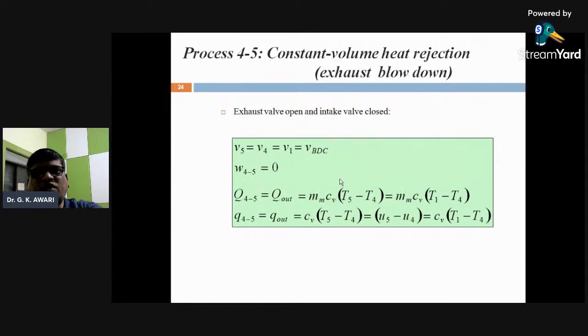Then the constant volume heat rejection process, which is the exhaust blowdown process. Here the exhaust valve opens and the intake valve is in the closed condition.